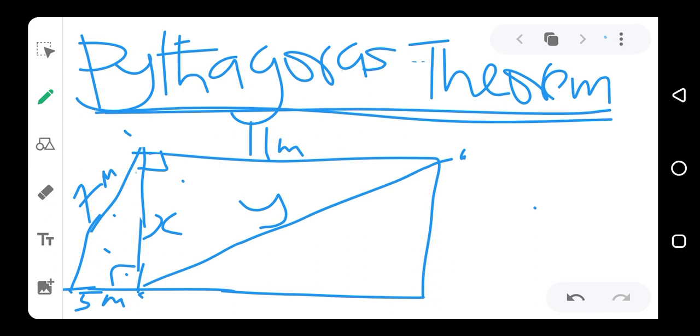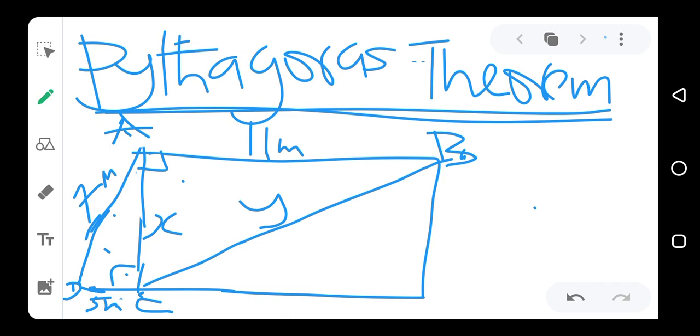Now we can label it. Let's call here A, this side B, this point C, and this place D. So here D, that is 5 meter.